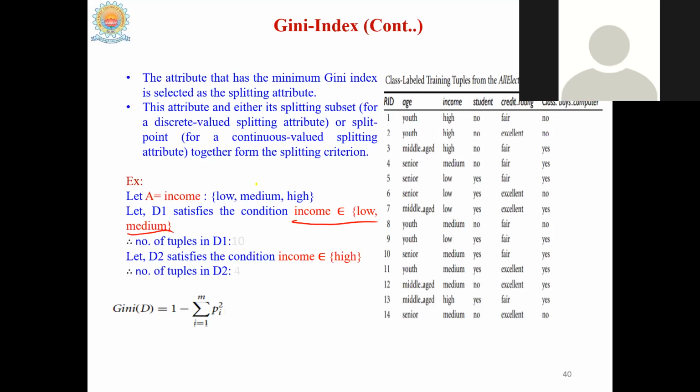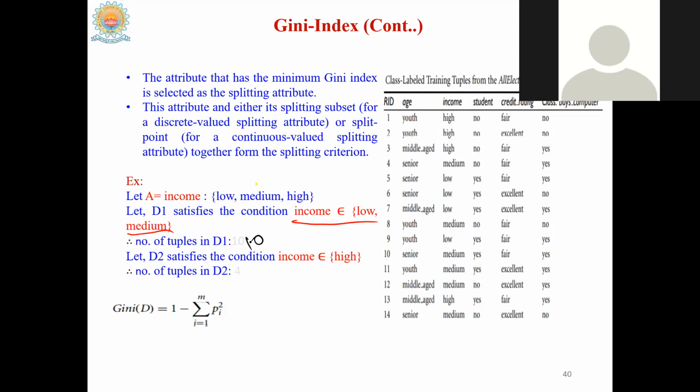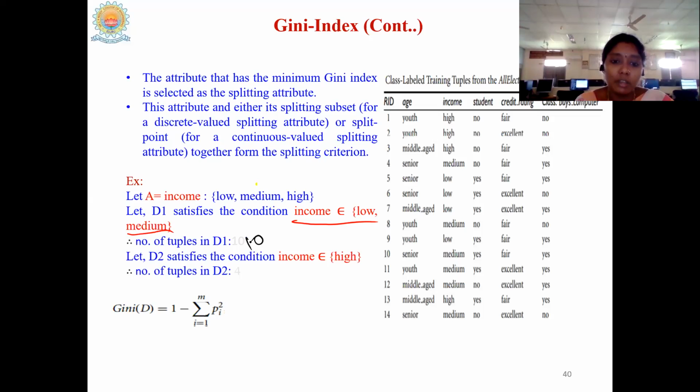So we are having 10 tuples under this subset, and the remaining 4 tuples belong to the other, obviously, right? Out of 14, 10 belong to this, so the remaining 4 belong to this other subset: income belongs to high.